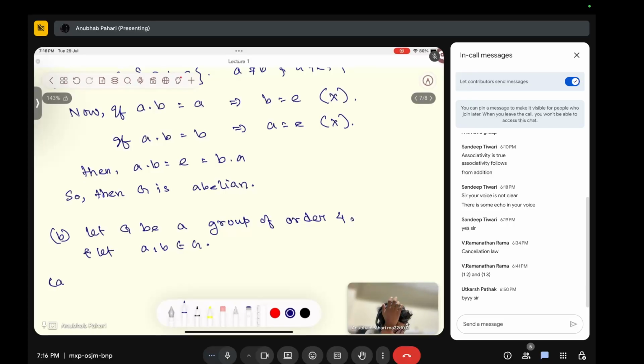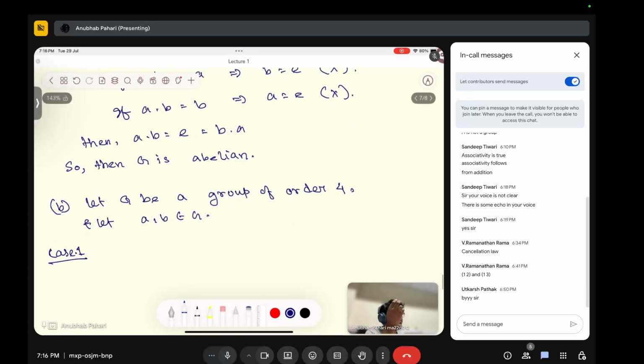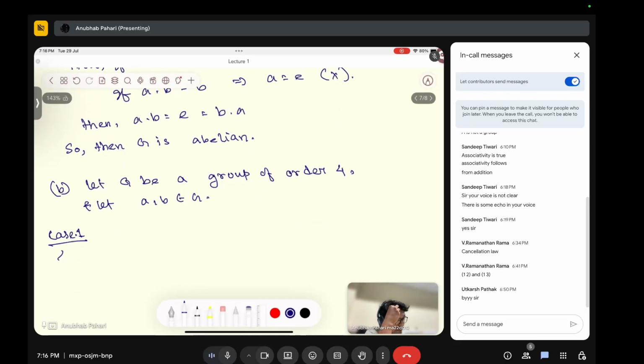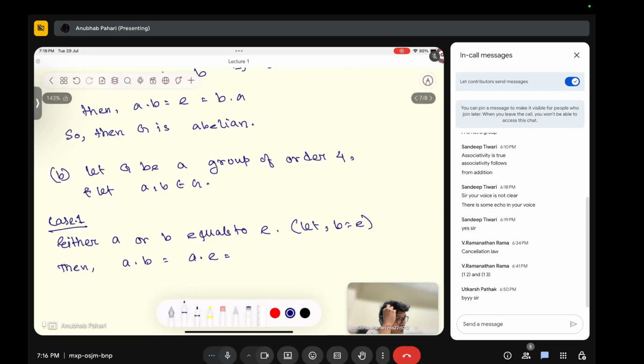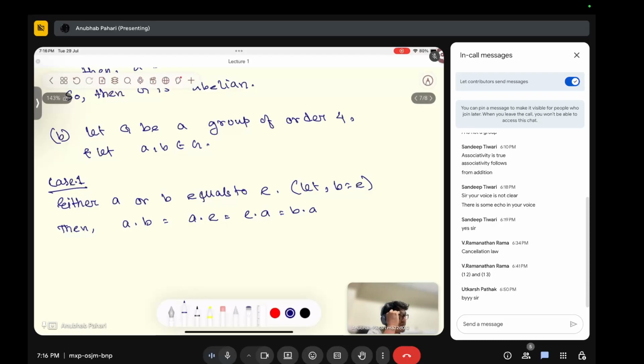So there is case 1: either A or B equals E. Then clearly we have A dot B, let B equal E. Without loss of generality, we can also take A equals E. So it would be E dot A equals A dot E, yeah, because the identity commutes with every element.